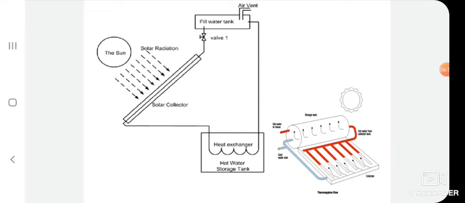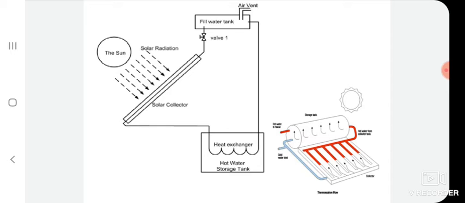Now, a solar water heater is used to heat water by using sunlight. The main principle behind this heater is the photoelectric effect. But here we are going to convert radiation energy into thermal energy.